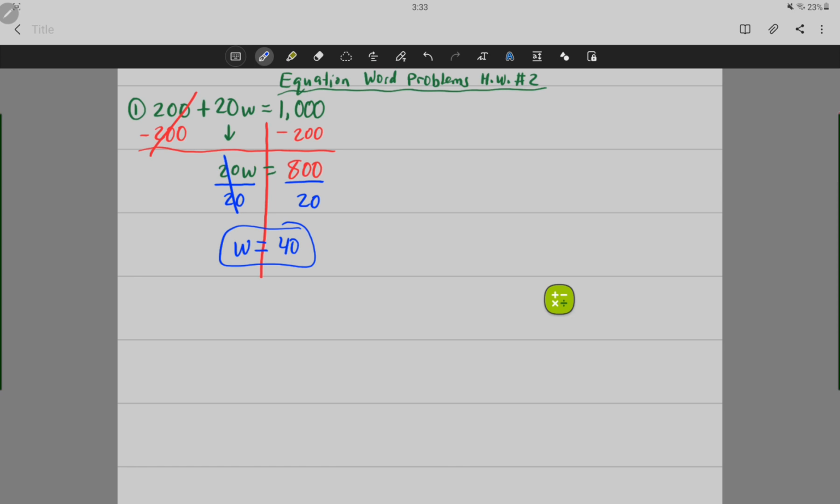So at this rate, he must save for 40 weeks, which is choice B.